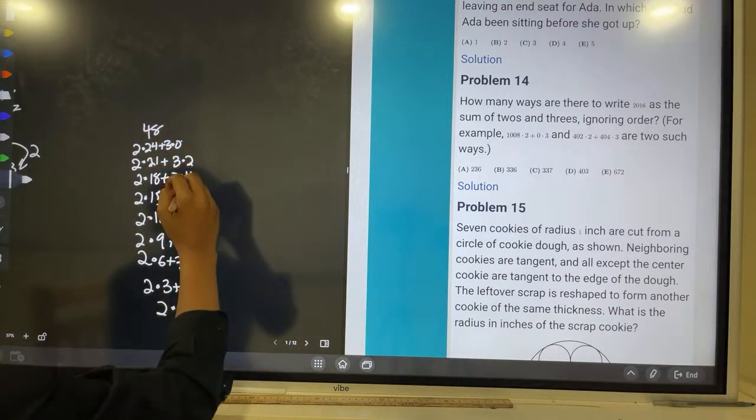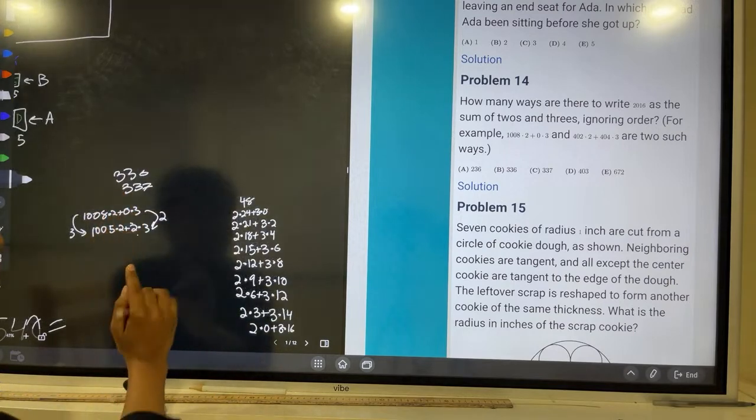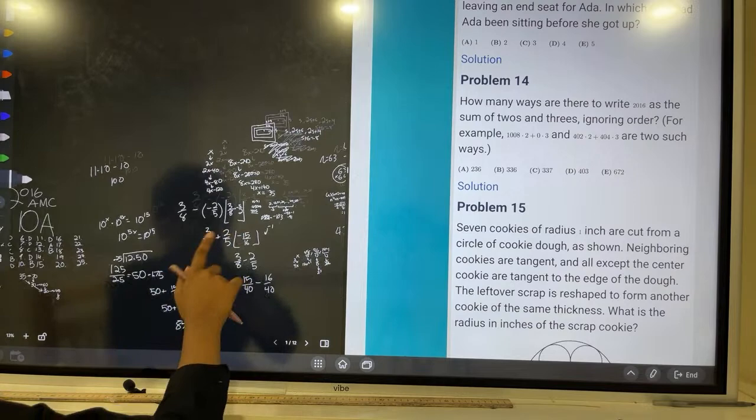That's 1, 2, 3, 4, 5, 6, 7, 8, 9. That means this to be 337 possibilities.